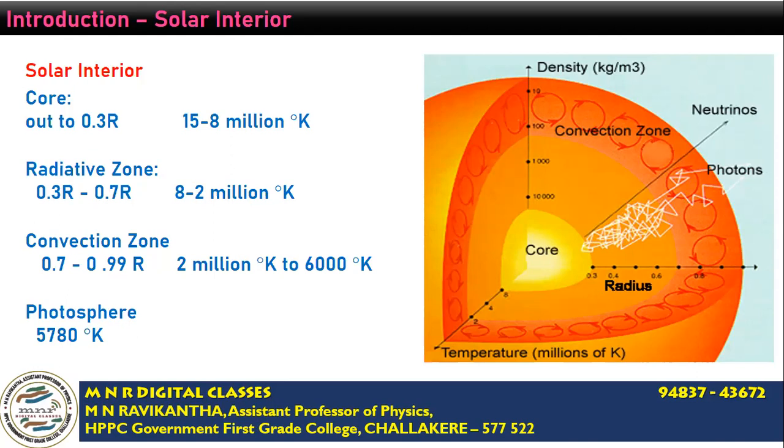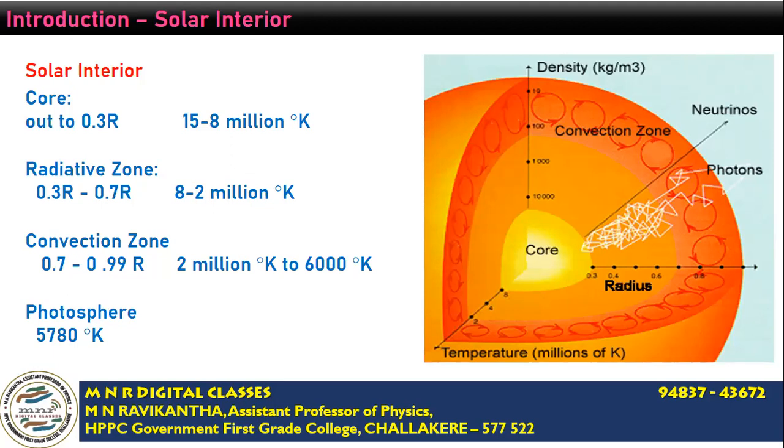In the radiative zone, the next layer, it extends from 0.3 times the radius of the Sun to 0.7 times the radius of the Sun, and its temperature falls from 8 million Kelvin to 2 million Kelvin.